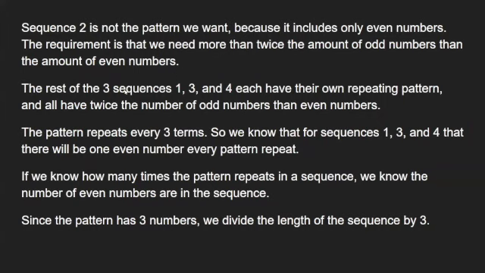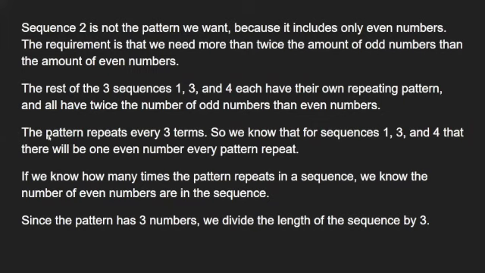So the rest of the sequences 1, 3, and 4 each have their own repeating pattern, and they all meet the requirement of more than double the amount of odd numbers than even numbers.